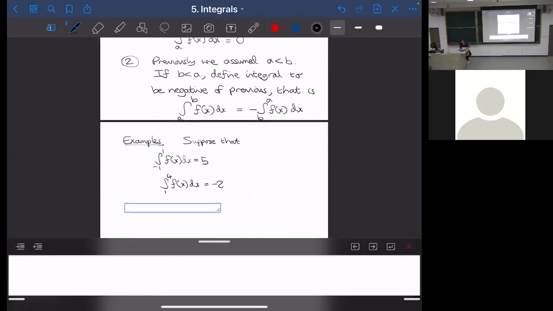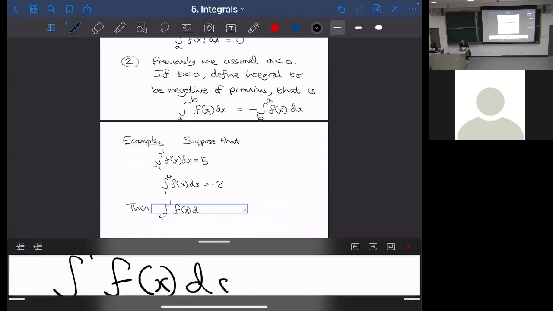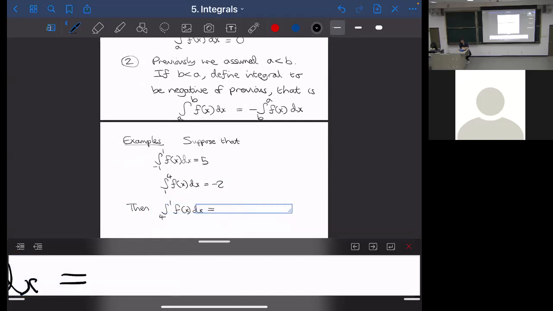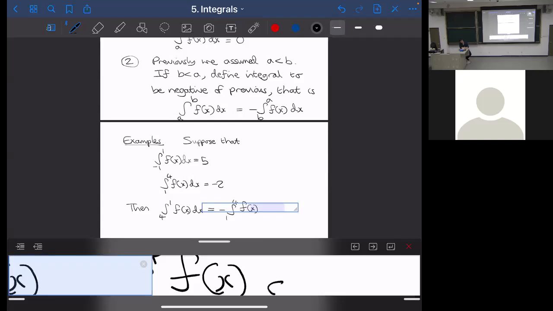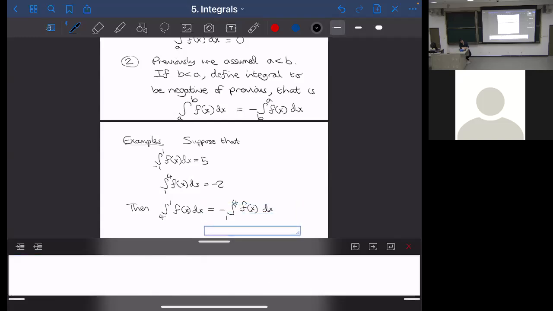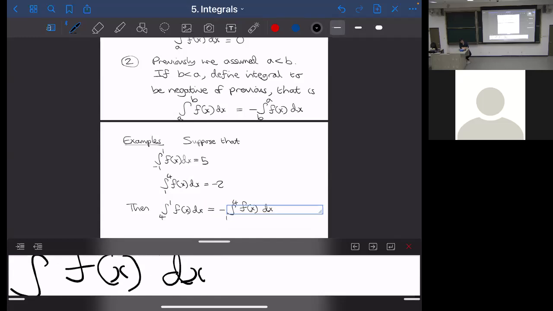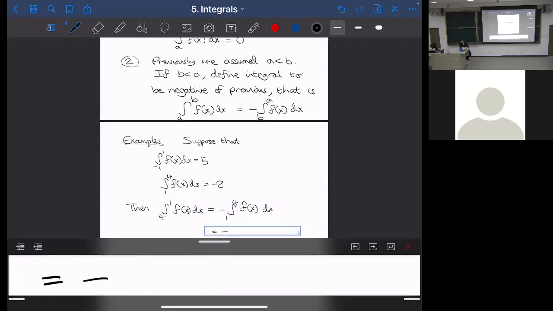Then without knowing anything about the function, I know that the integral from 4 to 1 of f(x) dx, by this minus rule, is minus the integral from 1 to 4. And so that's minus minus 2.